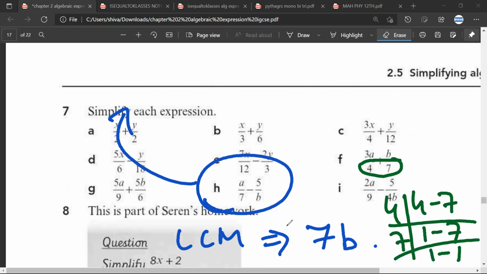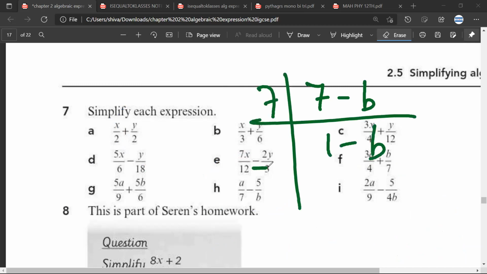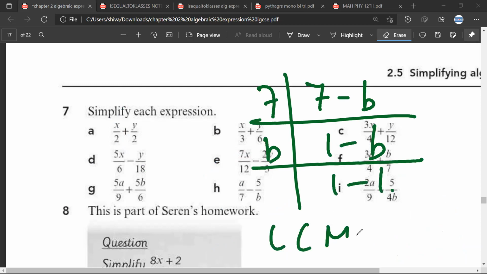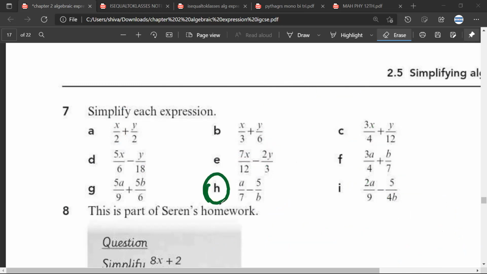Yes, sir. So here also you'll do the same thing. So 7b. So the LCM would be 7b. Okay, sir. Any doubt? No. Mr. Sarthak, any doubt? No, sir.